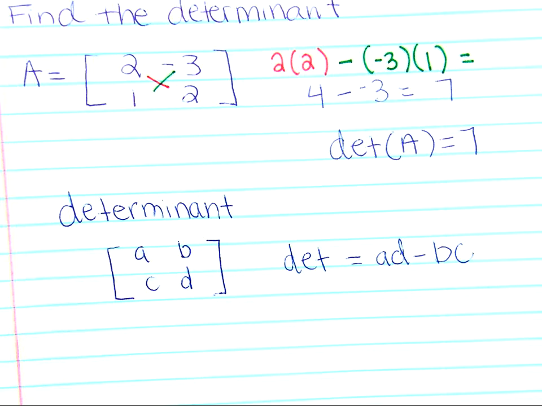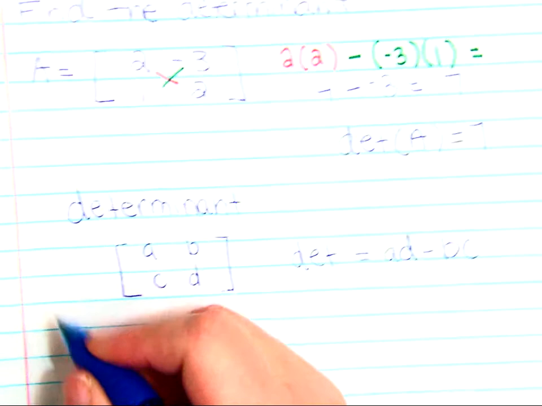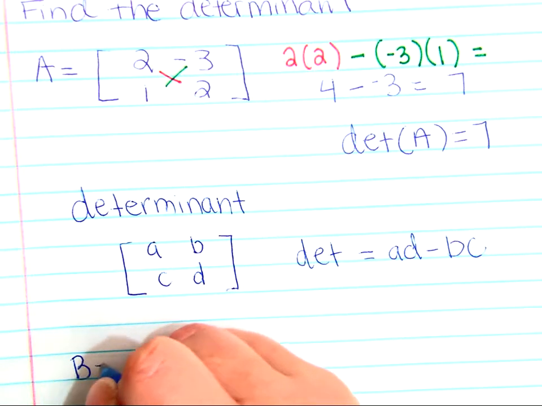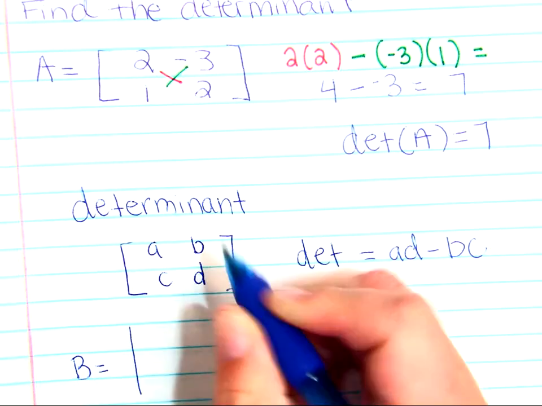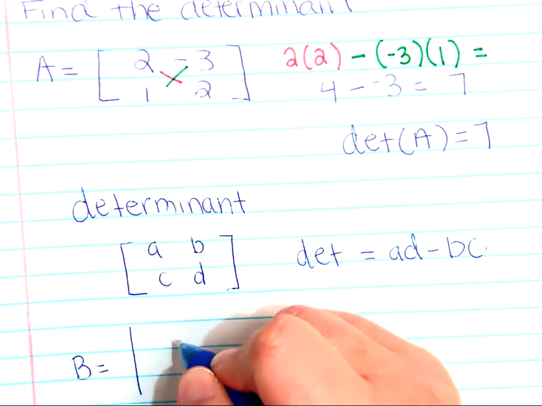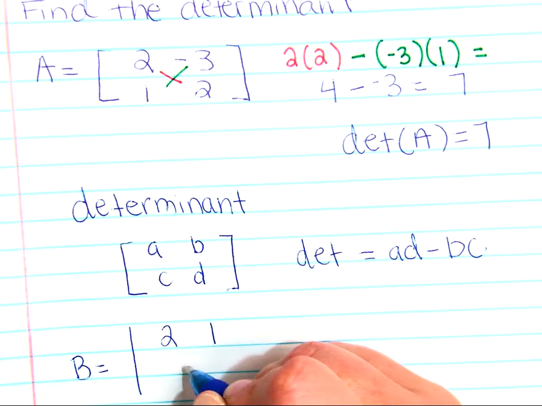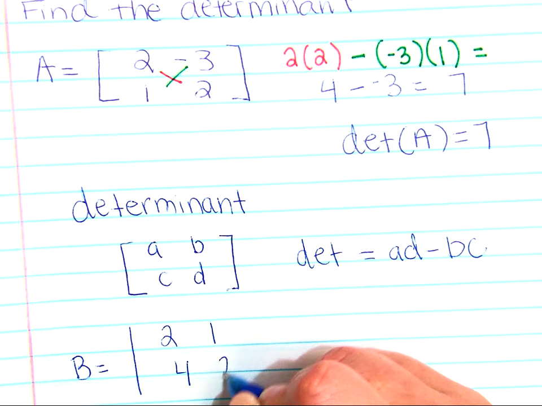If you have the notation like this, these straight lines mean that they are wanting you to take the determinant of B.